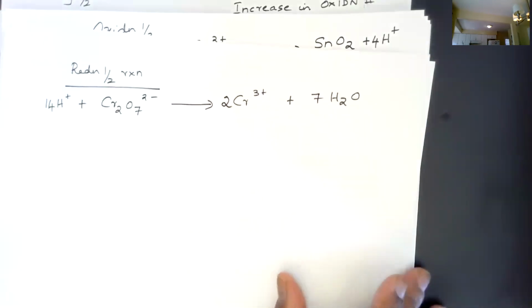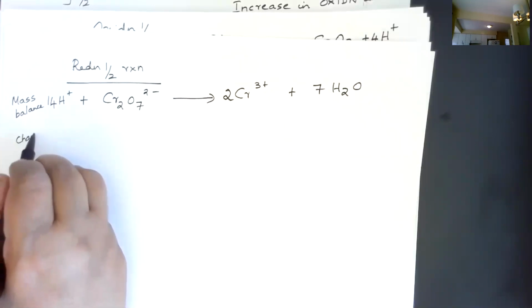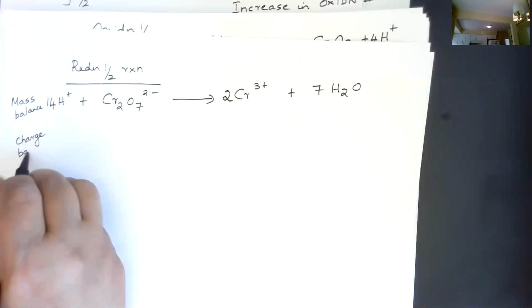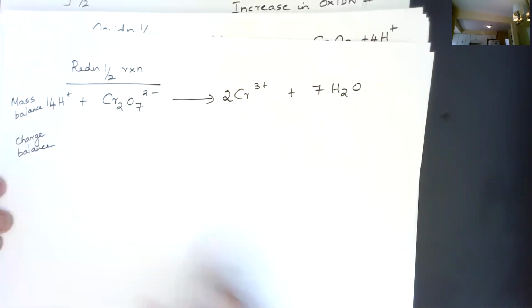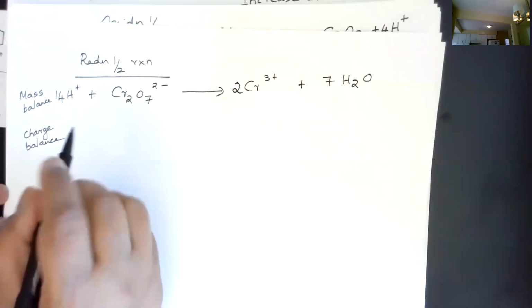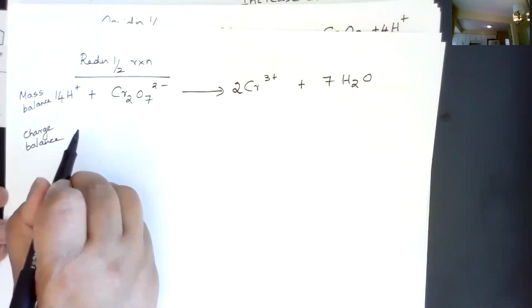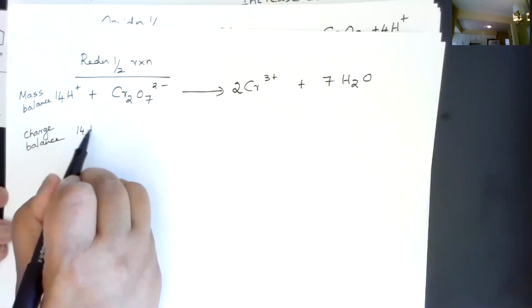Now balance the charges, okay? So you've finished mass balance. Next, charge balance. So I have 14 positive.